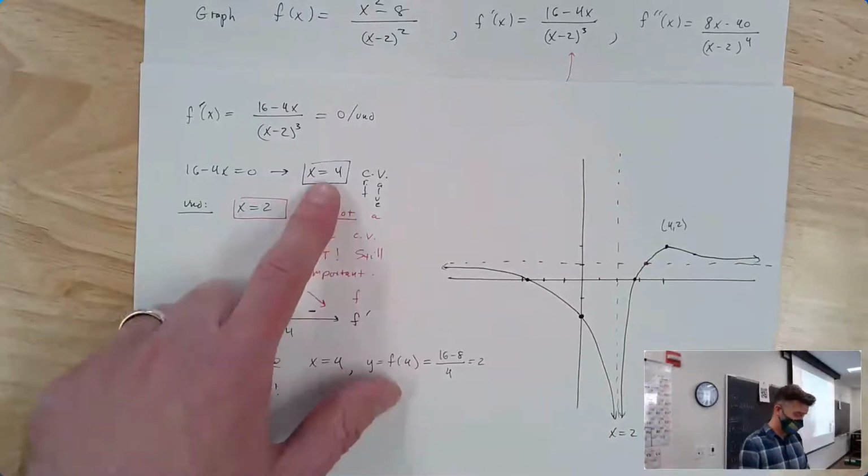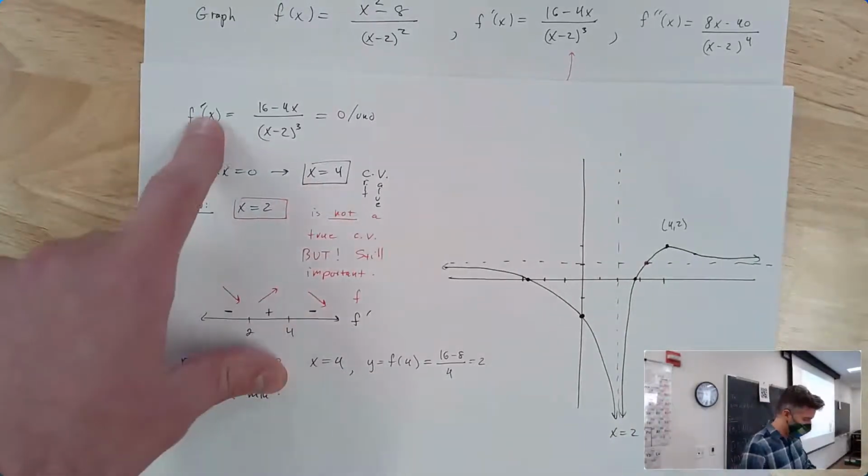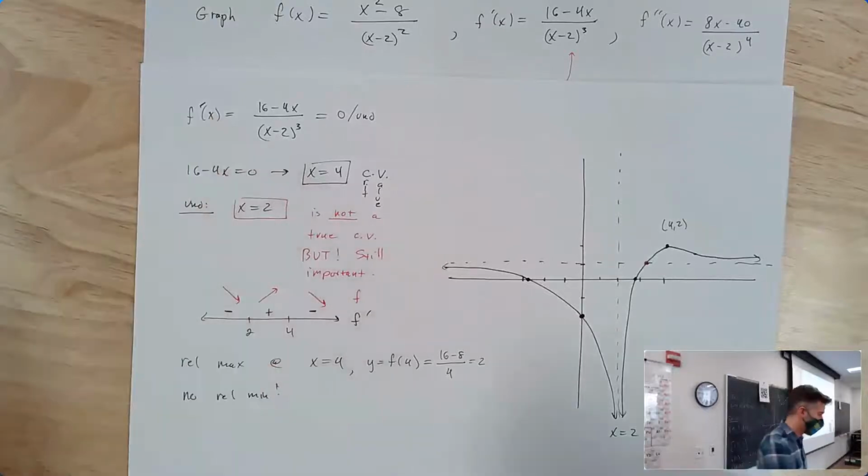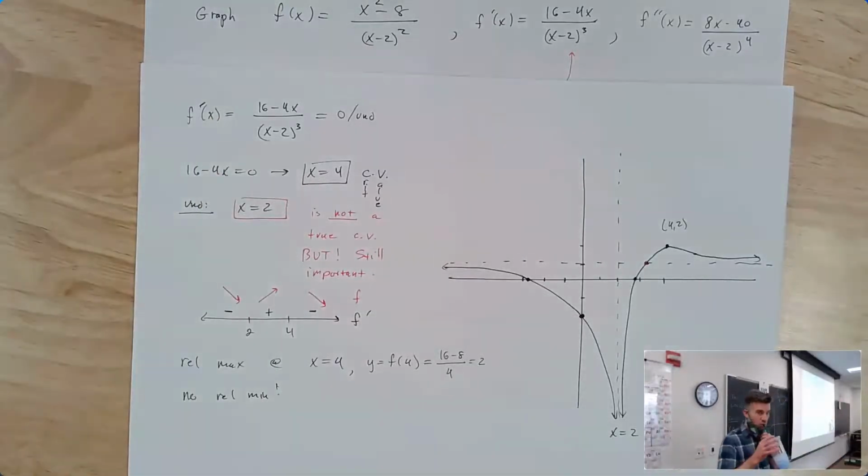So when you plug in x equal to 4, this derivative is going to end up equaling 0. Some people say critical value, some people say critical point, same idea. Sometimes people differentiate between them. If I say critical value, I usually just mean the x value. Or if I say critical point, I kind of mean the xy coordinate.